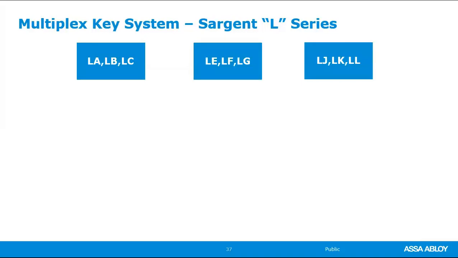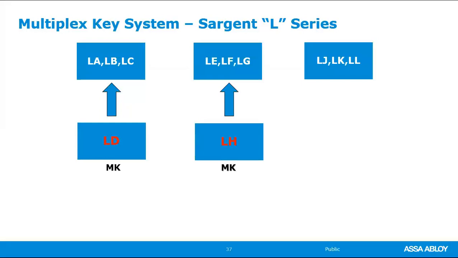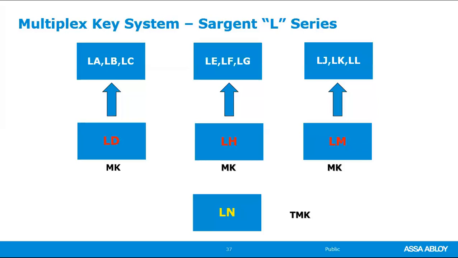These are individual keyways. Now, the LD key, the LH key, and the LM key are keyways that will bypass their respective individual keyways. At the top of the list is the LN keyway, and this would be your top master keyway. The LN will bypass all the cylinders above it.